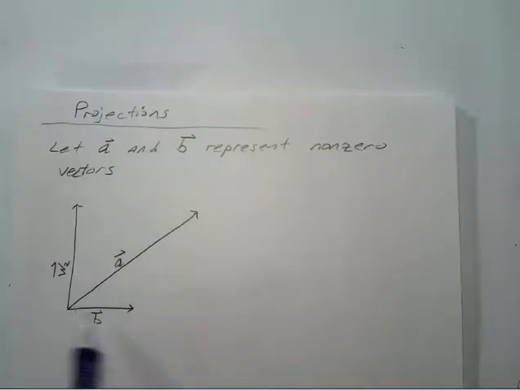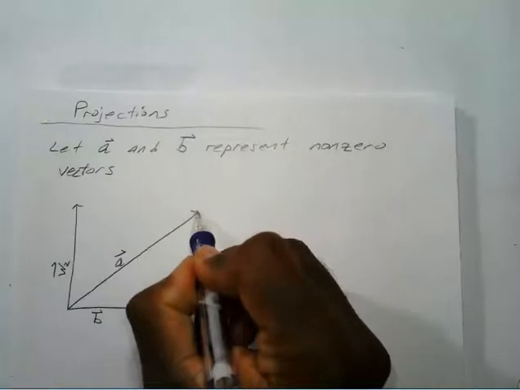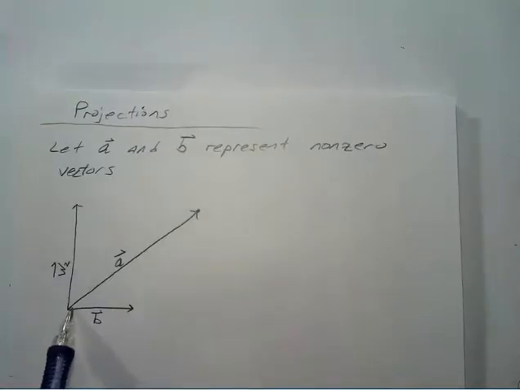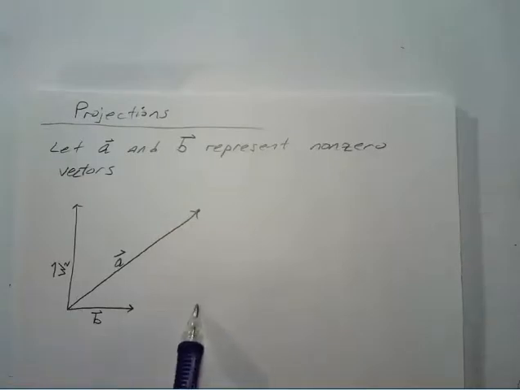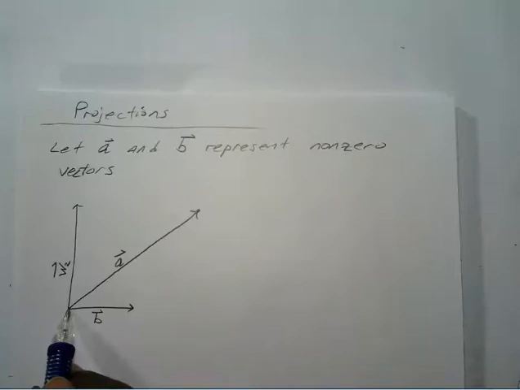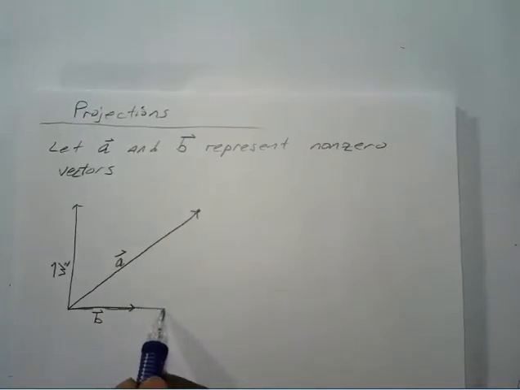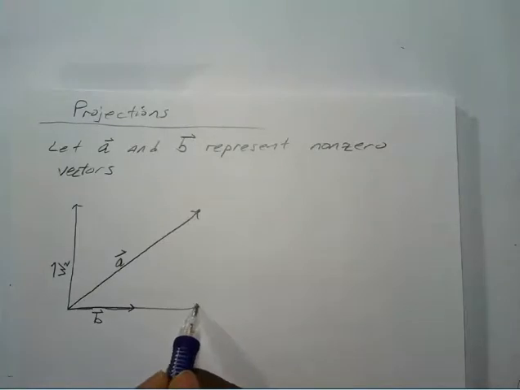Okay. Now vector A, what we're looking right here at the tip of vector A. Okay. So let's say we want to create another vector that's right up under there with vector A. Okay, so we're going to kind of go on top of vector B and stretch it all the way out here.